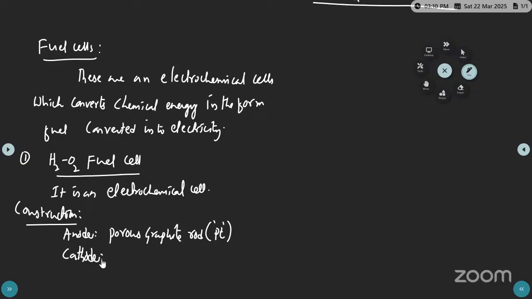So what is cathode? Also same. Porous graphite rod which is coated by the same platinum. And next, electrolytic solution. So here the electrolyte solution is potassium hydroxide solution.